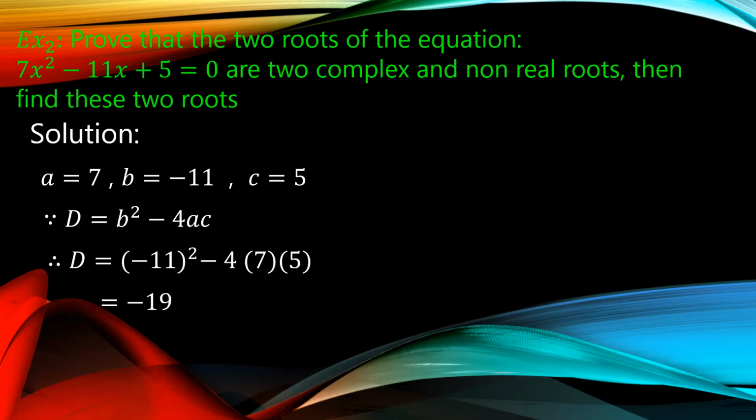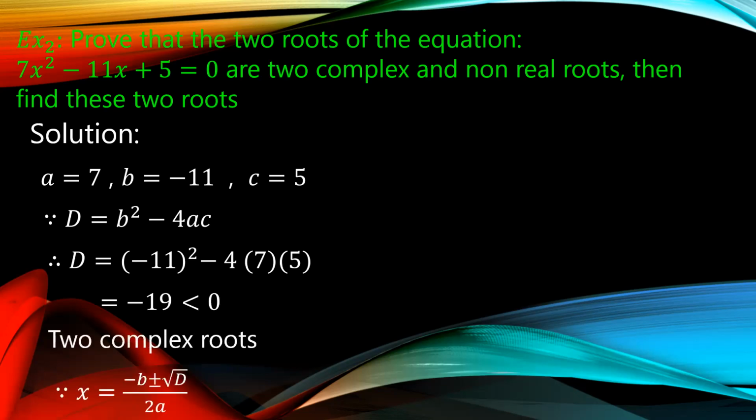By substitution, the discriminant equals negative 19. Negative 19 is less than 0, then the two roots of this equation are complex and non-real. To find these roots, use the general formula.